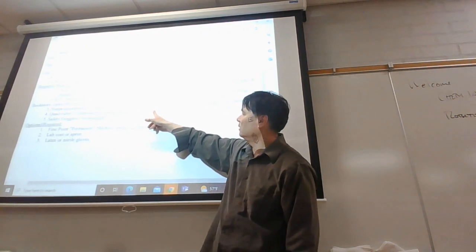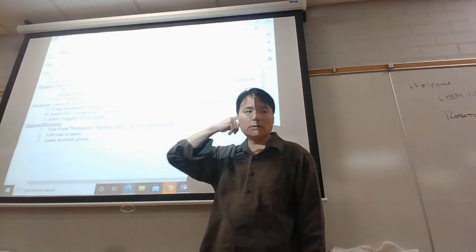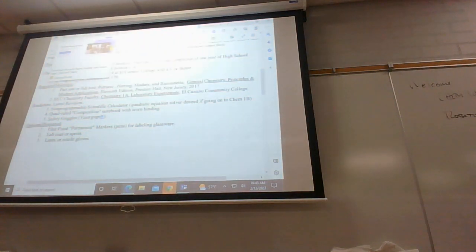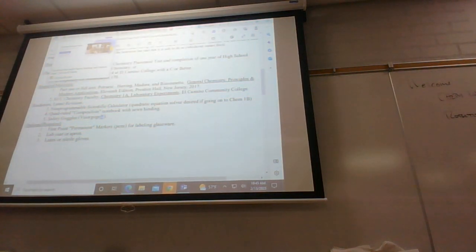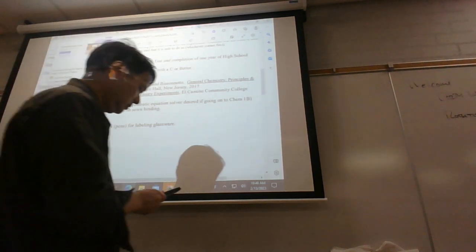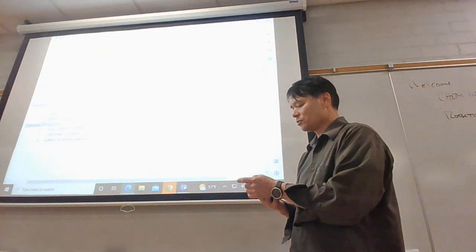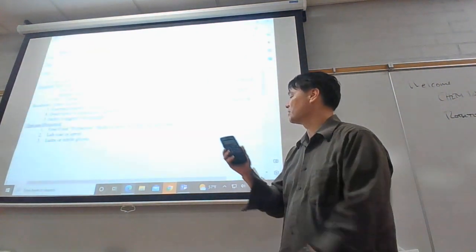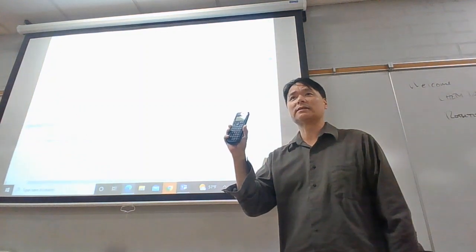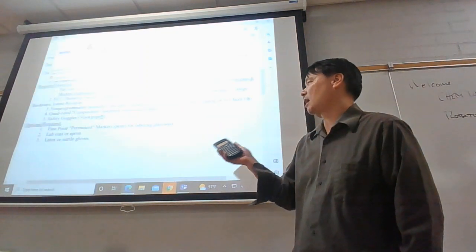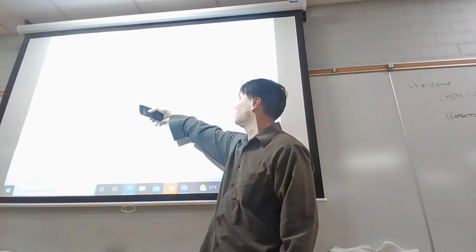Number 3, you'll need a scientific calculator. If you already have a calculator, that's good. I'm sure you do, but if you're looking for a calculator, I like this one a lot. This is the Casio FX115 ES. I like this calculator a lot because it solves quadratics.